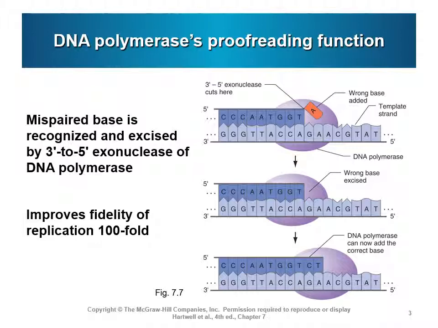It is important to note that if there is a mutation, for example, instead of cytosine in front of guanine, there is adenine, which means that their hydrogen bonds are not going to be high energy. It's going to be a very unstable structure.